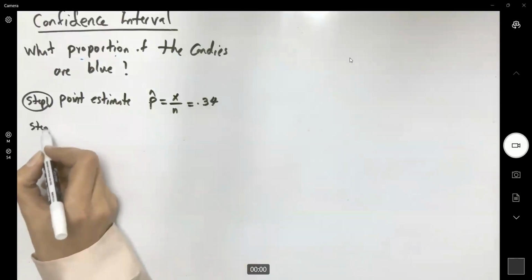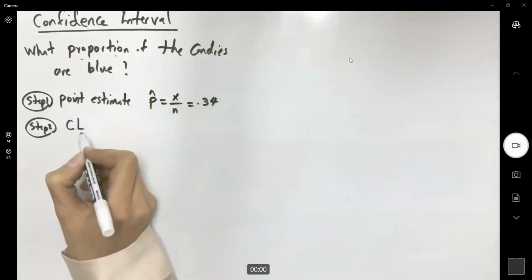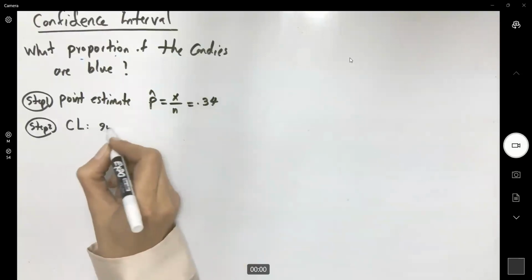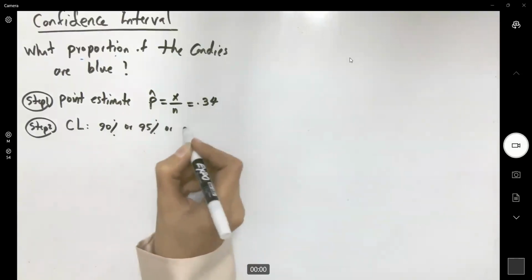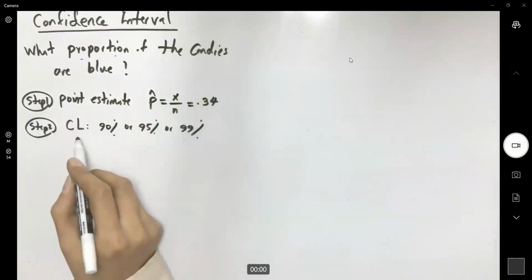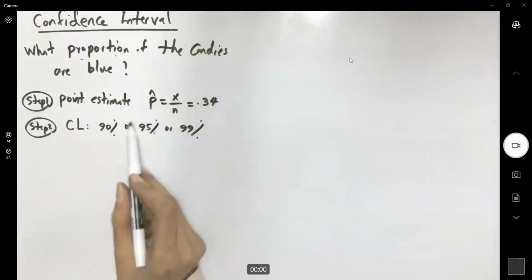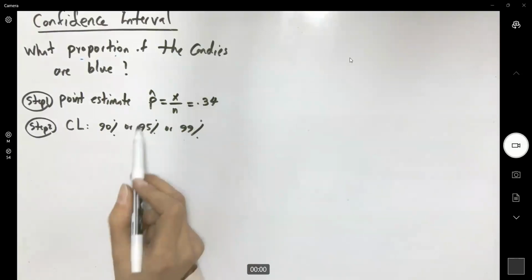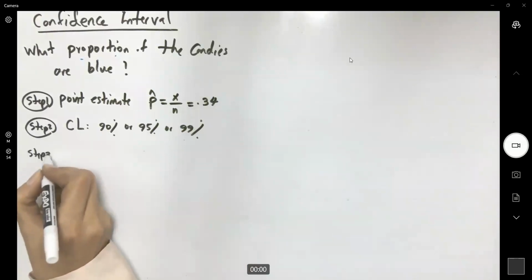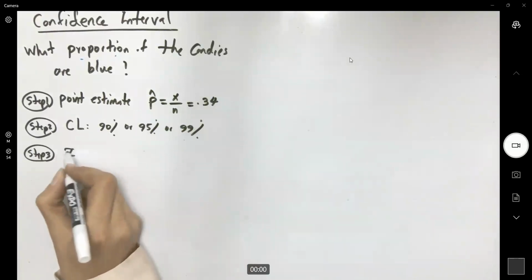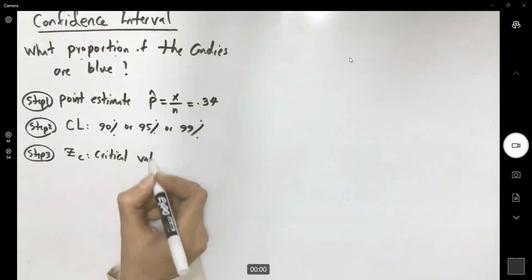In step 2, we find the confidence level, CL. It's either 90% or 95% or 99%, depending on the question. Again, if it's not given to you, always assume it's 95%. In the third step, we find the ZC or critical value.